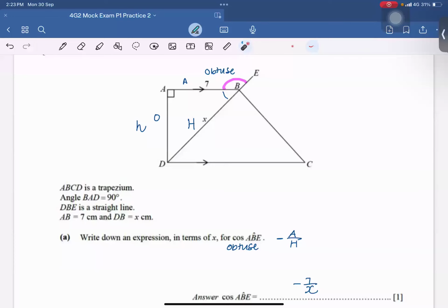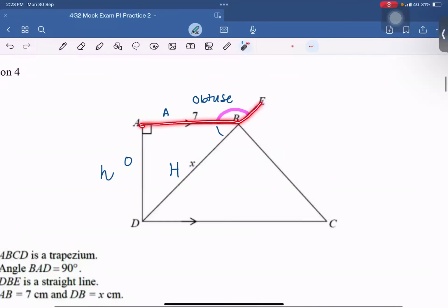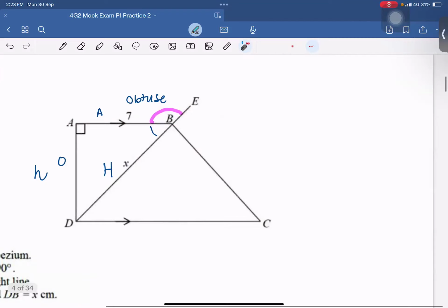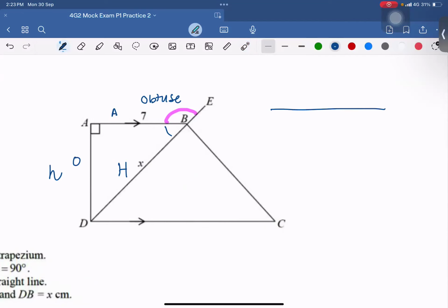First thing, ABE is an obtuse angle. For obtuse angle, if you still remember, for sine, cosine, tangent, acute angle, all are positive.